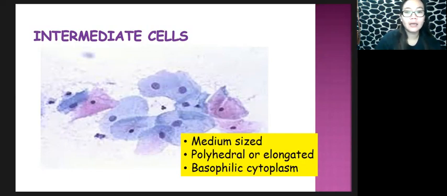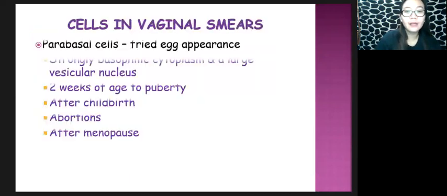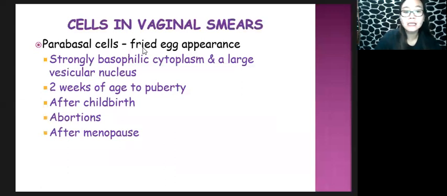Okay, so the next cell that we are able to see are your parabasal cells. In addition to your mature superficial cells, they are quite easily distinguished in your vaginal smears because of their characteristic fried egg appearance, your sunny side up appearance.